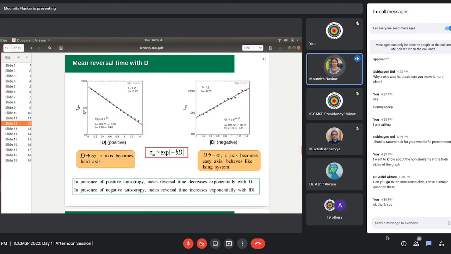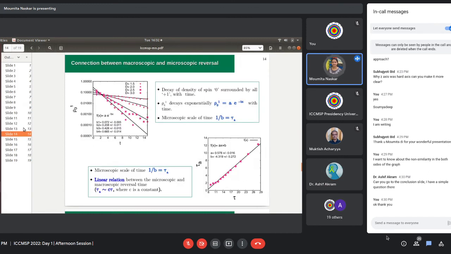This tau average is the mean reversal time. Now we have tried here to connect this mean macroscopic reversal time with some internal microscopic time scale, and that is defined here by choosing only those zero spins which are surrounded by plus one. The zero spin is at the center, and there are four plus one nearest neighbors.